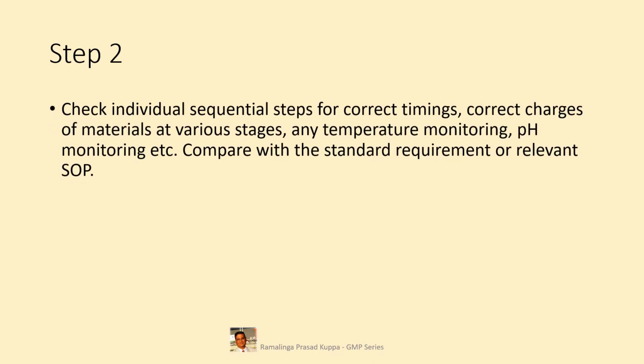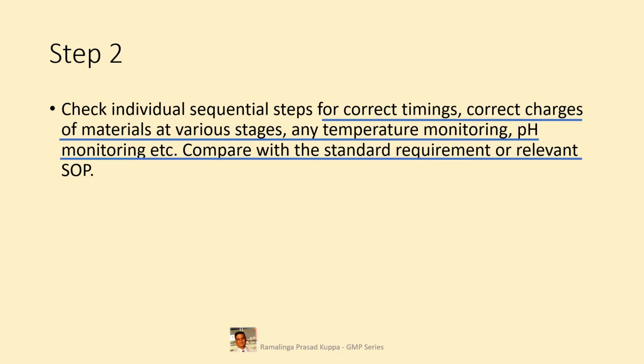For step 2 review, follow the given sequence. Check individual sequential steps for correct timings, correct charges of materials at various stages, any temperature monitoring, pH monitoring, etc. Compare with the standard requirement or relevant SOP.